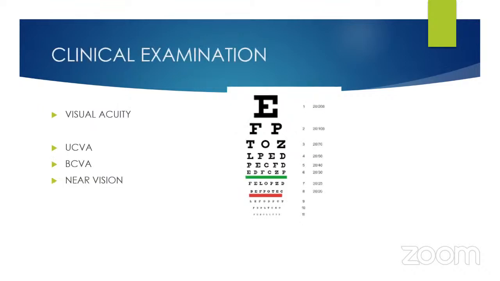Coming to clinical examination, visual acuity is tested mainly with either Snellen chart or LogMAR chart. Both uncorrected visual acuity and best corrected visual acuity, along with near vision, are documented.